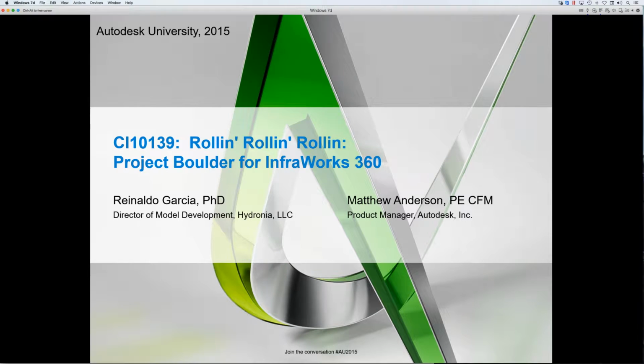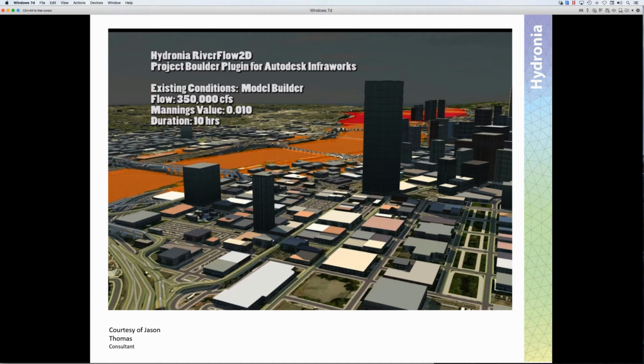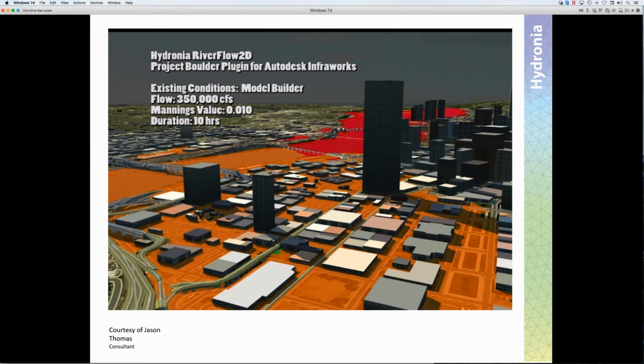I also want to share with you a video of what you can do with InfraWorks 360. It's a short video, less than a minute or so. This is the city of Portland, and it was done by Jason Thomas, a consultant, who shared it with us.